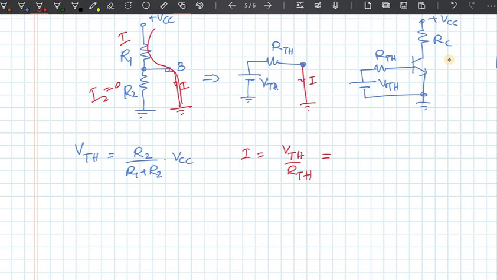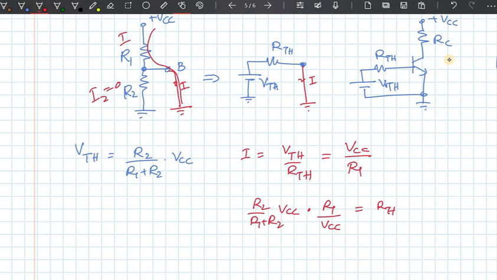That should be equal to VCC divided by R1. So from that I can find VTH, which is R2 over R1 plus R2 times VCC, times R1 over VCC is equal to RTH.